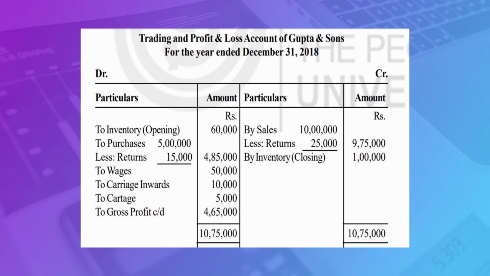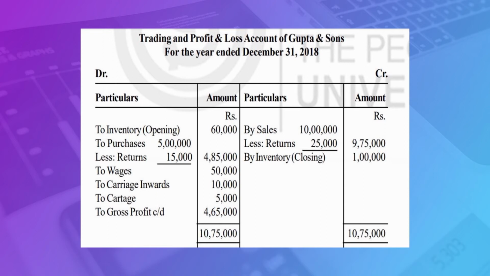You can check that it is provided outside the trial balance. This is the amount of closing stock, rupees 1 lakh, which is not provided inside the trial balance, rather this information is provided outside it. Therefore, this information will be recorded minimum at two places while preparing the final accounts. So, here the closing stock, rupees 1 lakh.